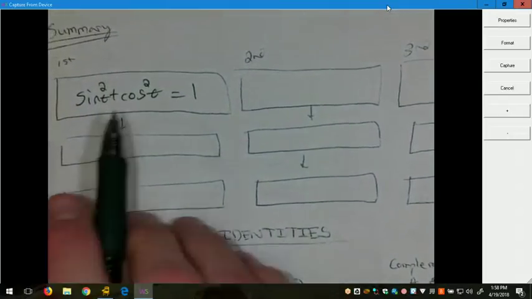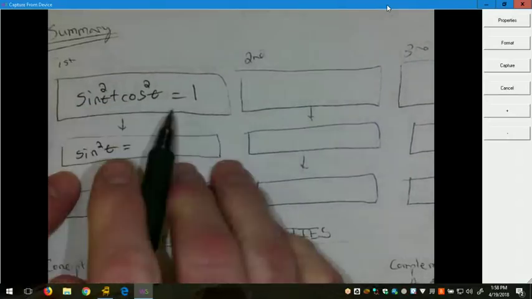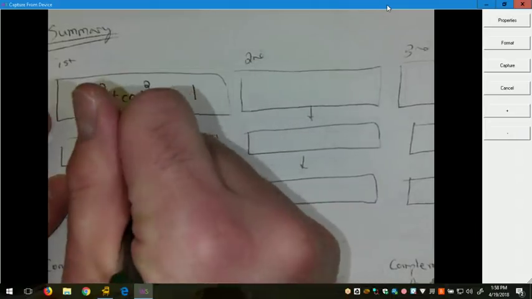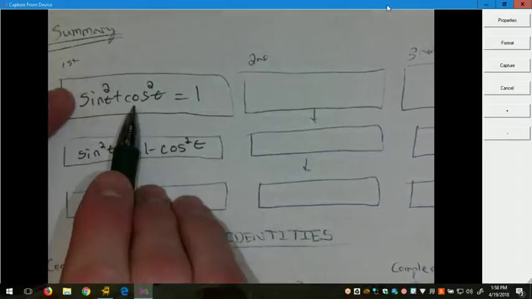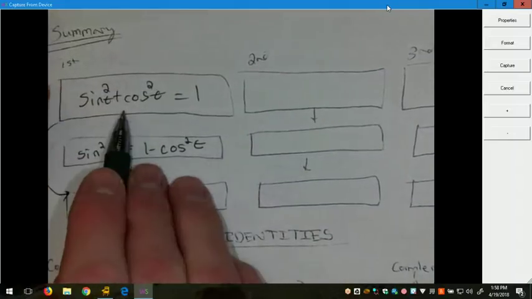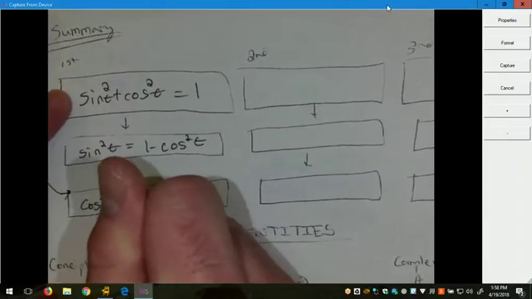If I wanted to, I could solve for sine. I could get sine squared by itself by subtracting cosine squared from 1. Similarly, I could take the original equation and subtract sine squared to get cosine squared by itself.